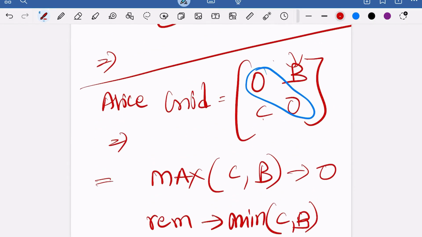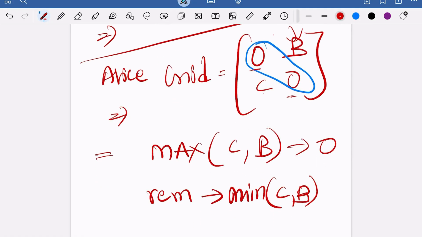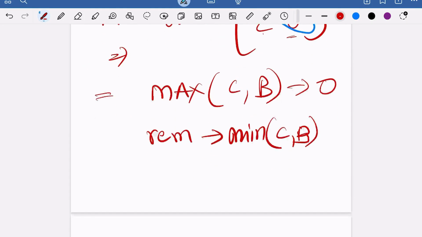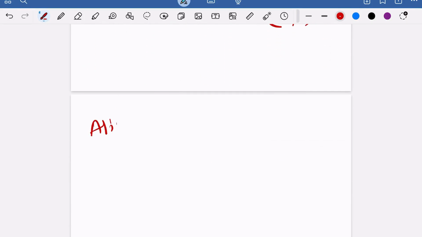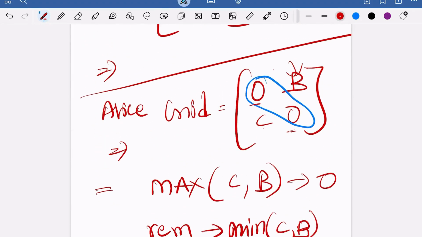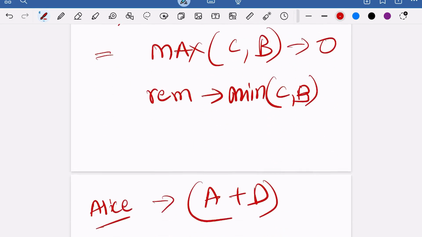However, in this case we considered that Alice has successfully removed all the stones in a diagonal, but to reach a case where a single diagonal is zeros, Alice will take a minimum number of moves, that is A plus D. Let's take the same example. Let's say this is A and D. To make these two 0, we require A plus D moves.